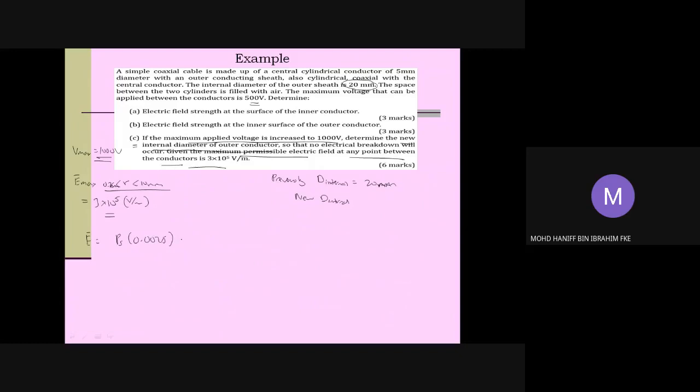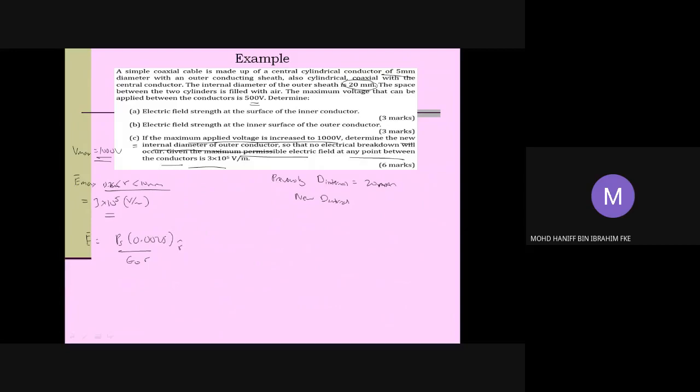Bear in mind that there should be no changes on the radius of the internal conductor. The radius or the diameter is still the same, which is 5 millimeter. Then we have epsilon naught of R, in the direction of R. So that should be the E field equation that has been calculated.